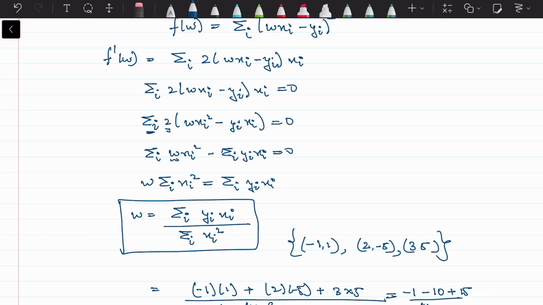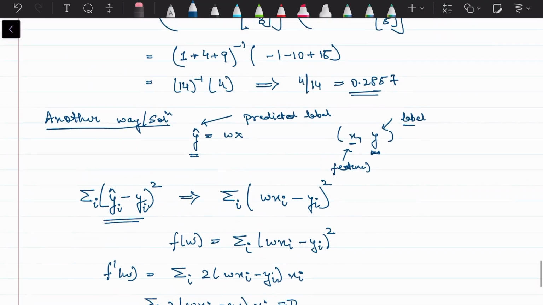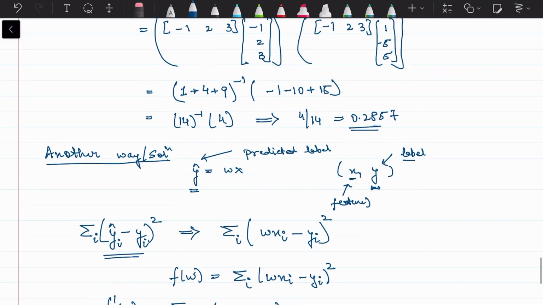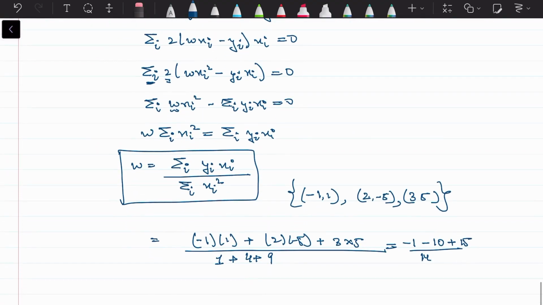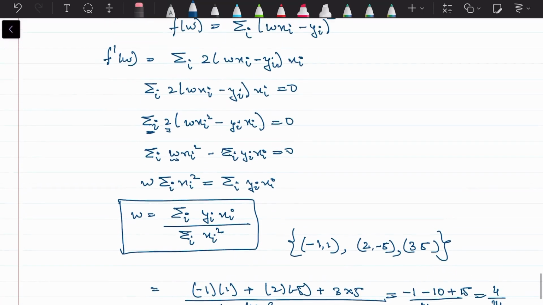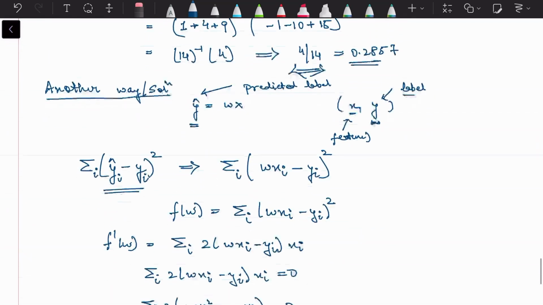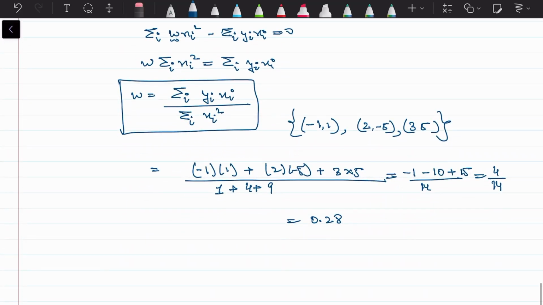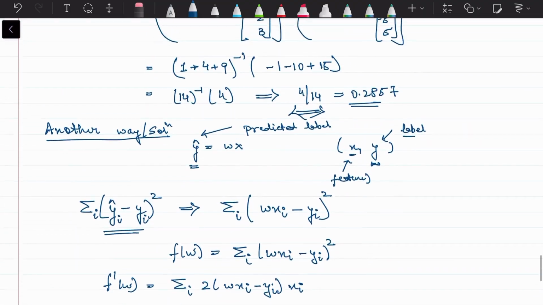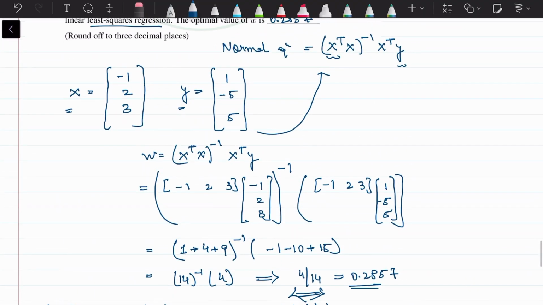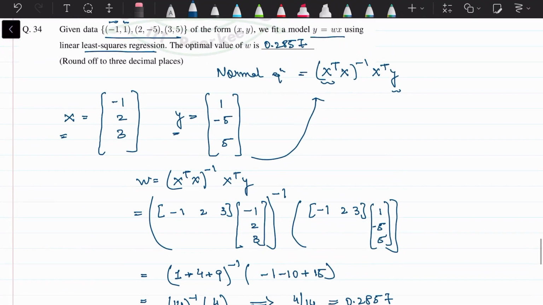So you see this expression is the same as what we got when we used the normal equation. So this can be written as 4 by 14, and so the answer is 0.2857, and that's the answer. So here we have discussed two ways to solve the particular question. One is via the normal equation.